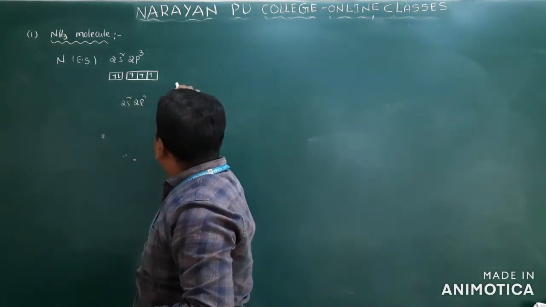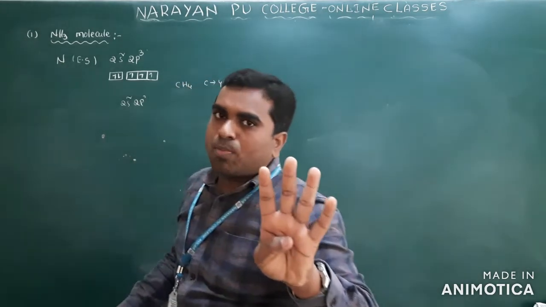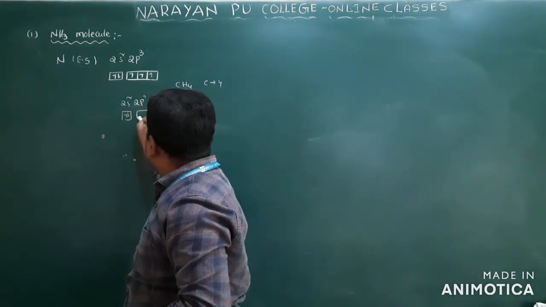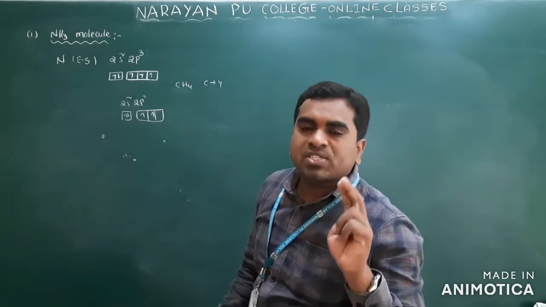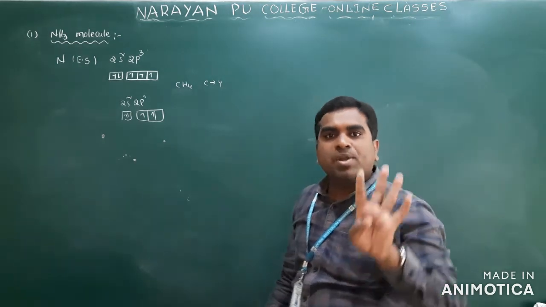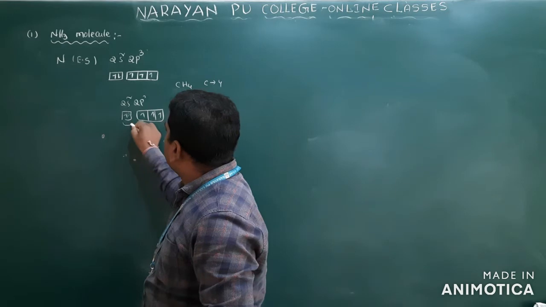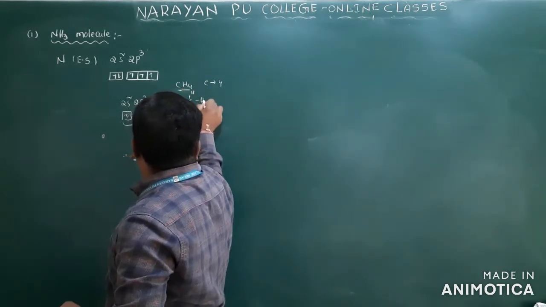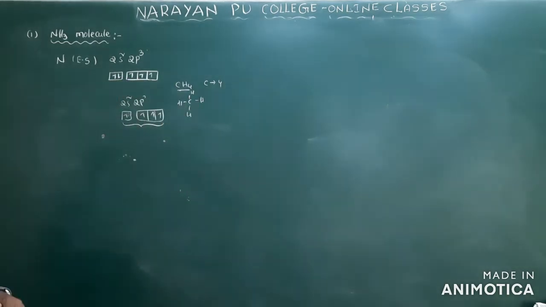Carbon's valency is 4, so it forms 4 bonds, but it has only 2 unpaired electrons, which would give only 2 bonds. So we had to write the excited state, giving 4 unpaired electrons and 4 bonds. But here the excited state is not required; you can take only the ground state.